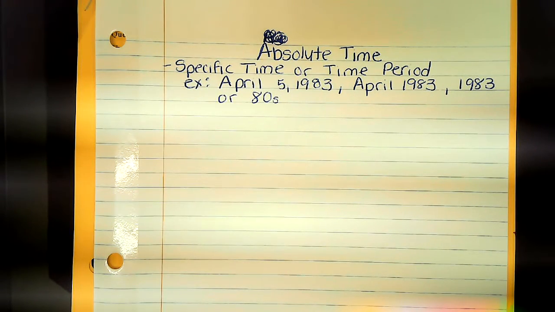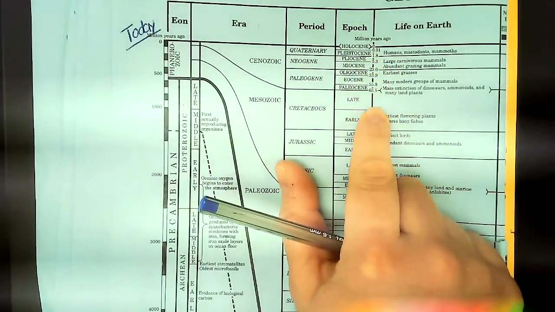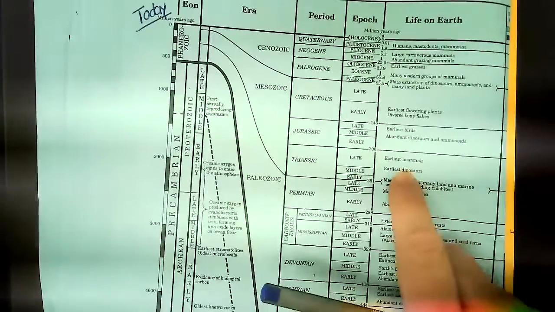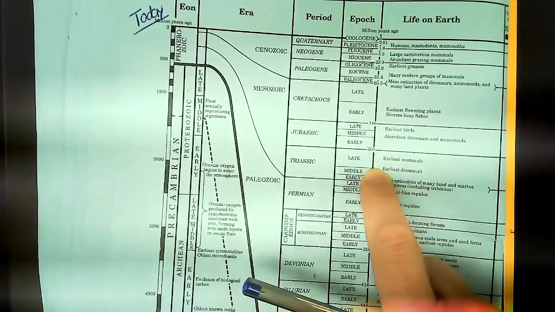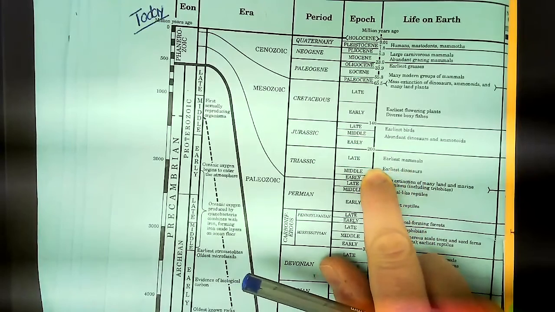So that is similar to the reference table we've been working with all chapter. Yes, an absolute time is the millions of years. If I was talking about the earliest dinosaurs, I could say they were about 225 million years ago. That's an absolute time.